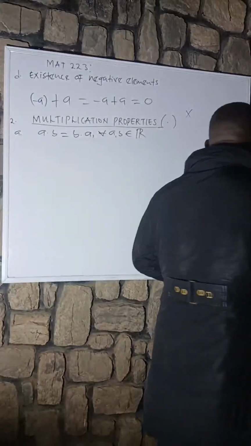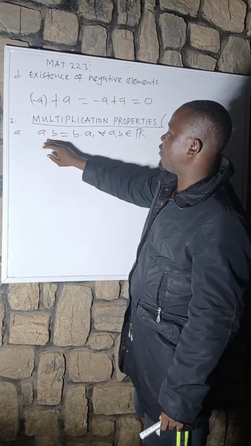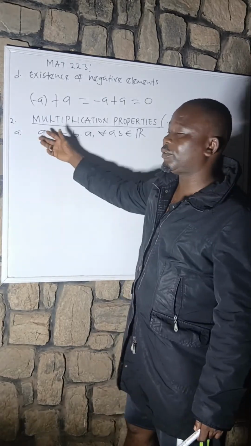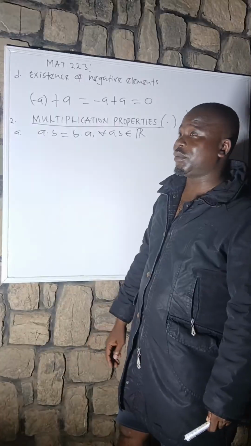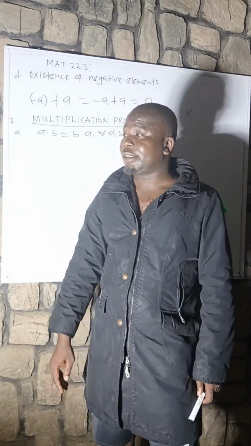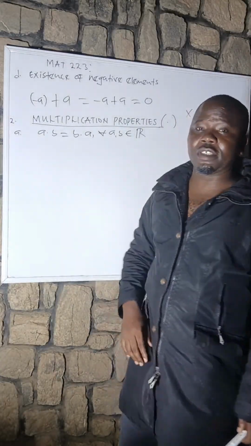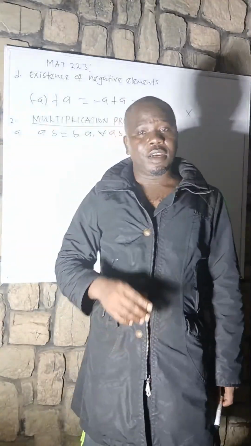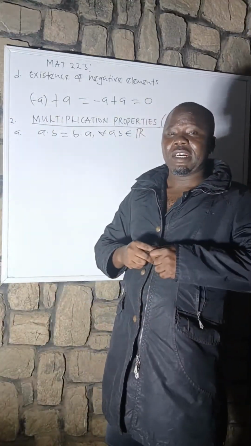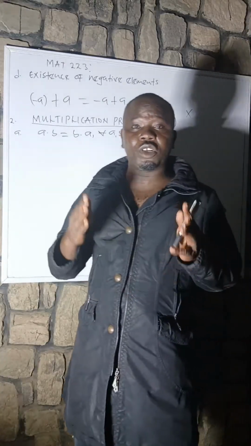You can now see that we still make use of the commutative law. True or false? Please look at the board. It's true, right? So this is one of the properties that one needs to know. It's very important because we'll make use of all these properties to prove theorems.